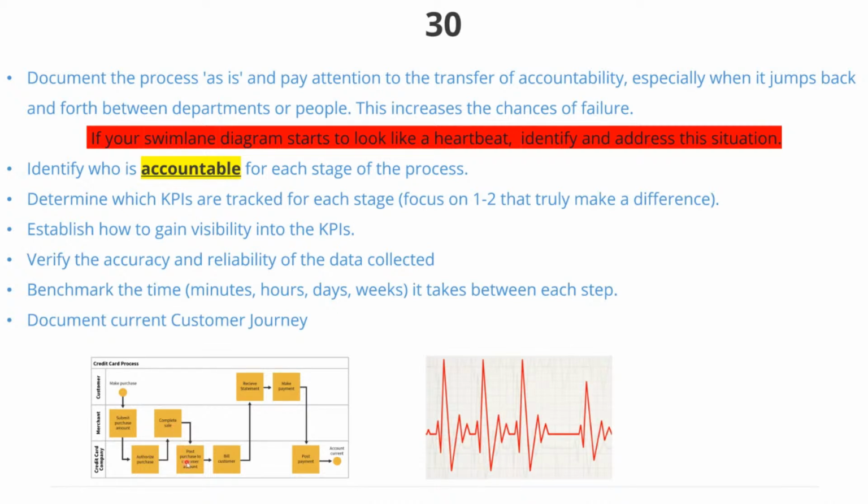Every time the file crosses the department line, whether it's 100 people per department or one human being, the chances of mistakes, delays, etc. go up. And I usually say that if your swim lane looks like a heart rate, right, you have an issue.